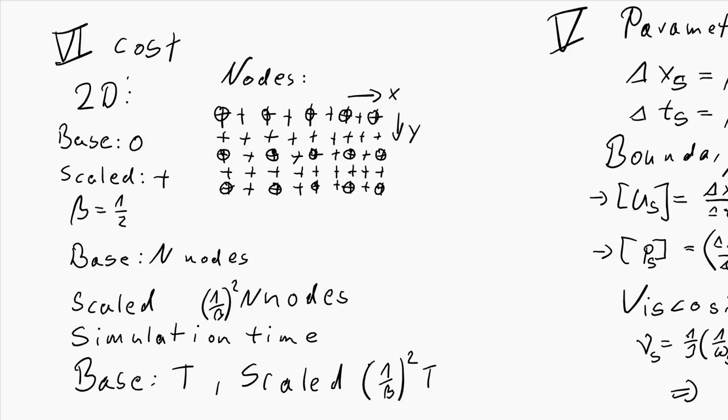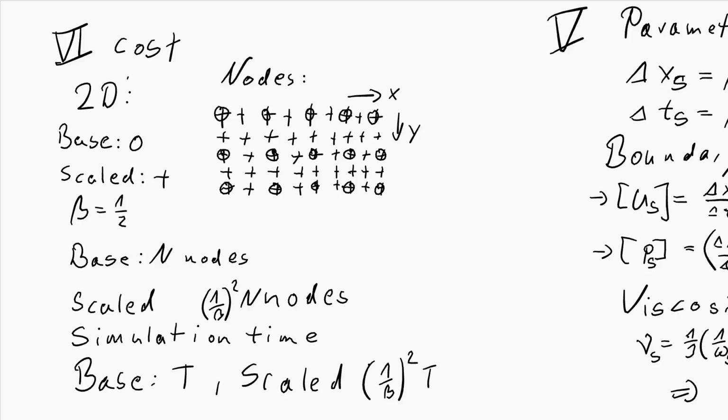For the number of time steps, which we call big T here, because delta T is already scaling with delta x square, we get for the time steps 1 over beta square.